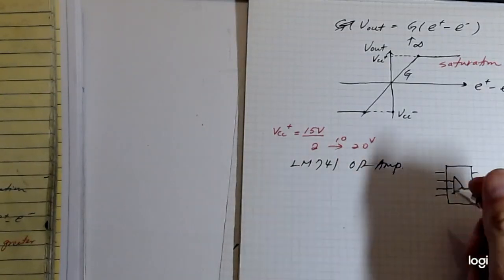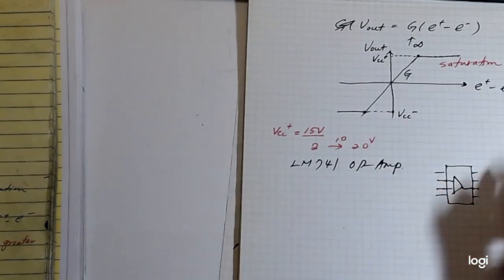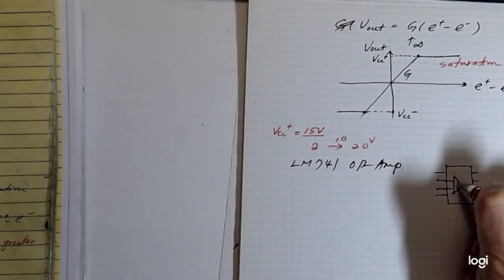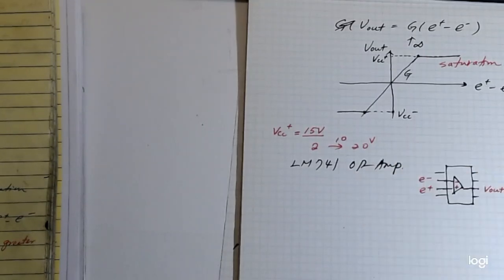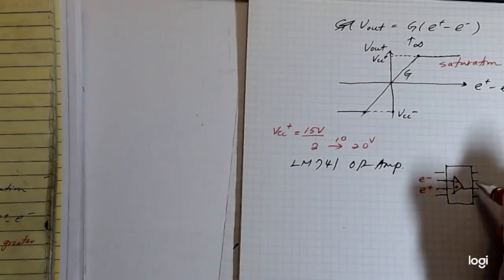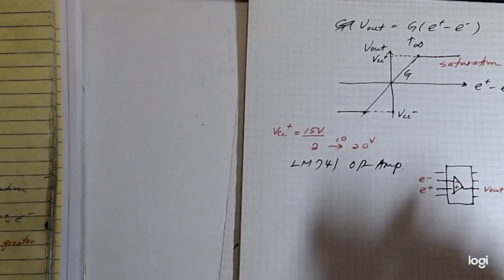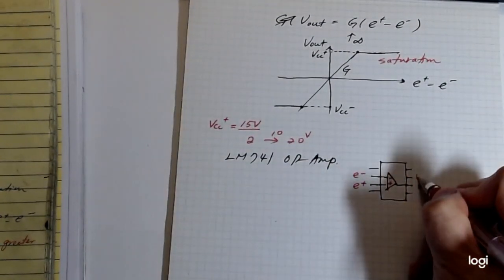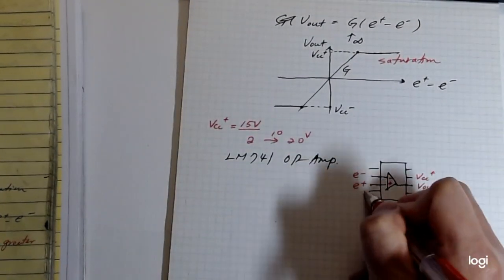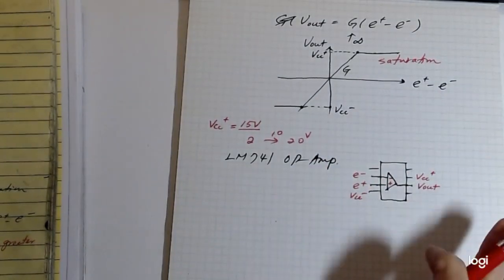So normally we only use these: 3 is the out, this is negative, positive, so E negative, E positive terminal, and also two voltage supplies, VCC positive, negative.